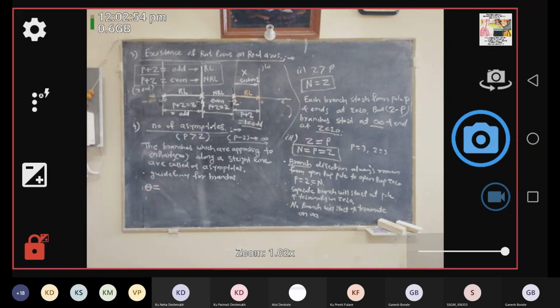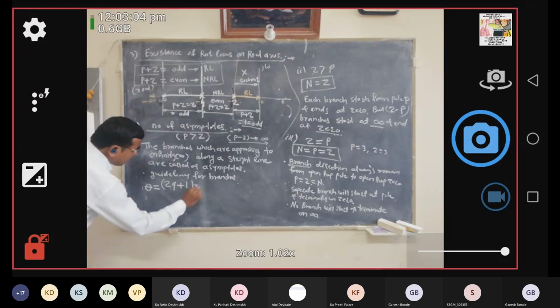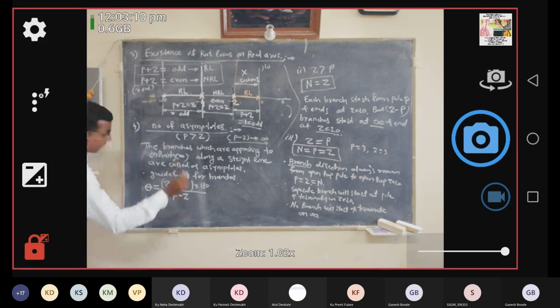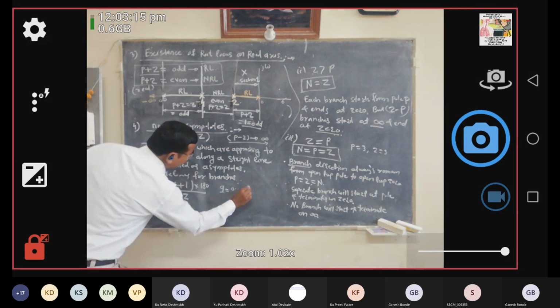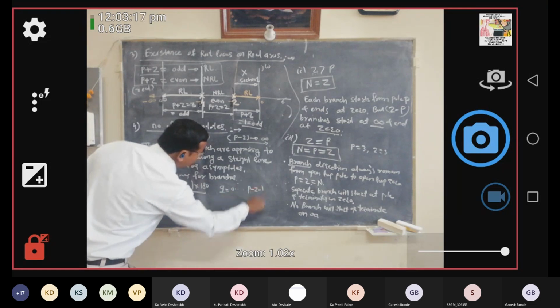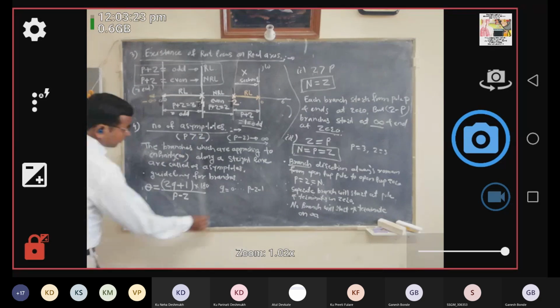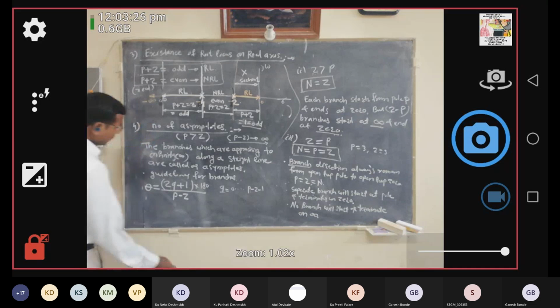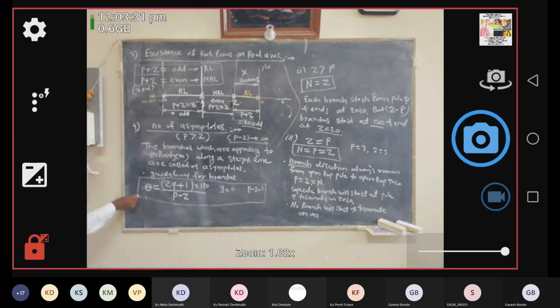Theta, the angle of asymptotes, is given by, write down the formula, theta is equal to (2q plus 1) multiplied by 180 divided by (p minus z), where this q varies from 0 up to p minus z minus 1. This is the expression for determining the angle of asymptote.